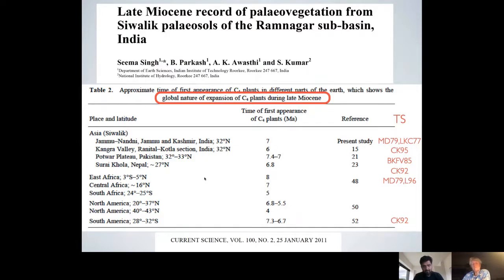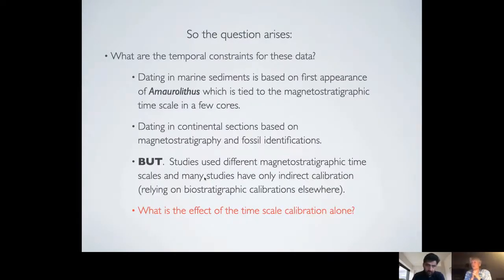So all these different timescales, you'll recall that I've been very careful in my terminology. I said that we called it Epoch 6 then, and it was thought to be 6.2 million then. So what are the temporal constraints for the data? The dating in the marine sediments was based on the first appearance of Amaurolithus, which was tied in a couple of records to this thing called Epoch 6.